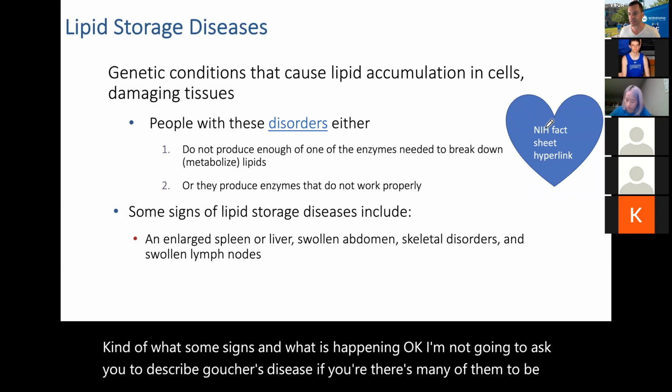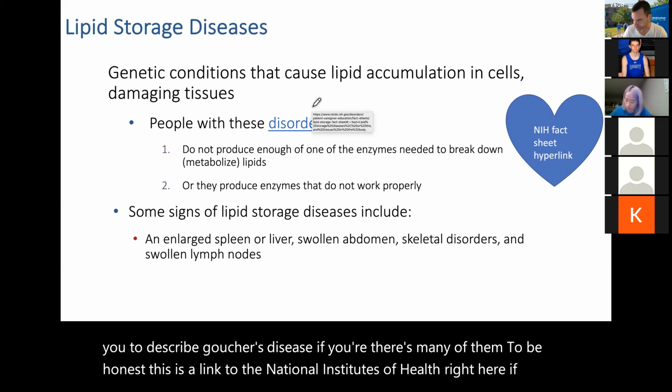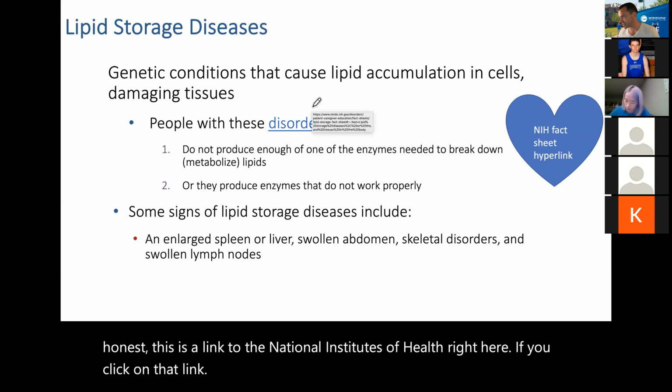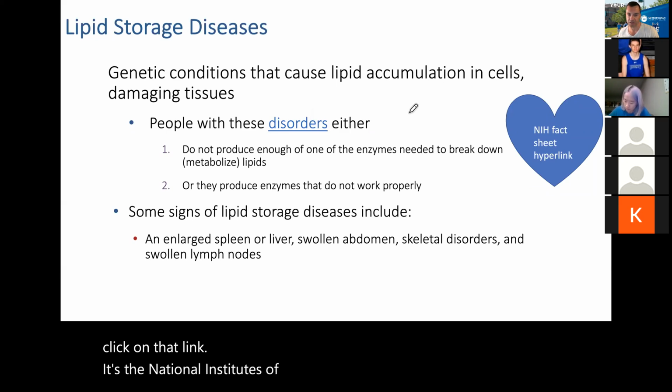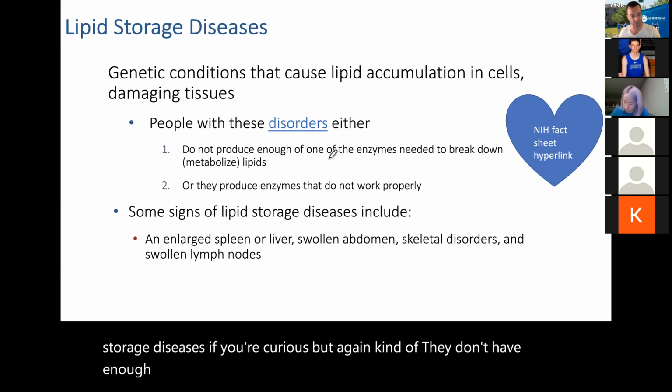This is a link to the National Institutes of Health right here. If you click on that link, it goes over a vast number of lipid storage diseases if you're curious. But again, they don't have enough enzymes to break them down, or the enzymes don't work properly.